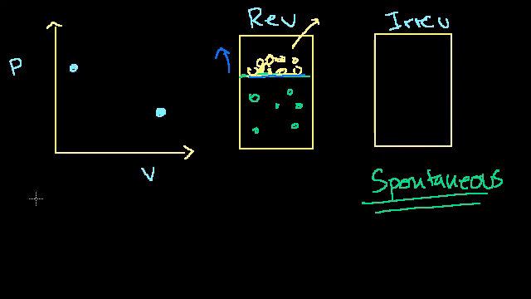Even better, let's view this as the first stage of our Carnot cycle. Let's say in either case, both of these systems are on top of this kind of infinite reservoir that has a temperature T1. What that does is keep the temperature constant, so we're going to travel along an isotherm.